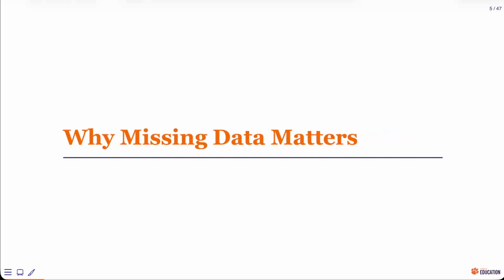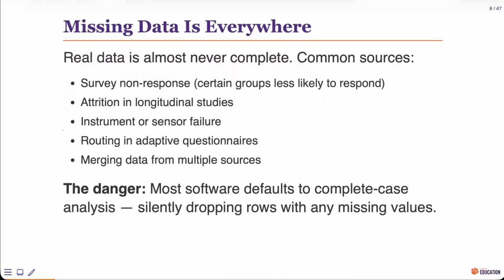So let's talk about why missing data matters. As you know, real data almost never complete. A lot of reasons why you may have missing data. You might have survey non-response, and that non-response may be linked to certain groups or certain types of statuses of individuals in the data set themselves. There could be attrition in longitudinal studies. It means it's hard to collect data from a person one time, let alone multiple times.